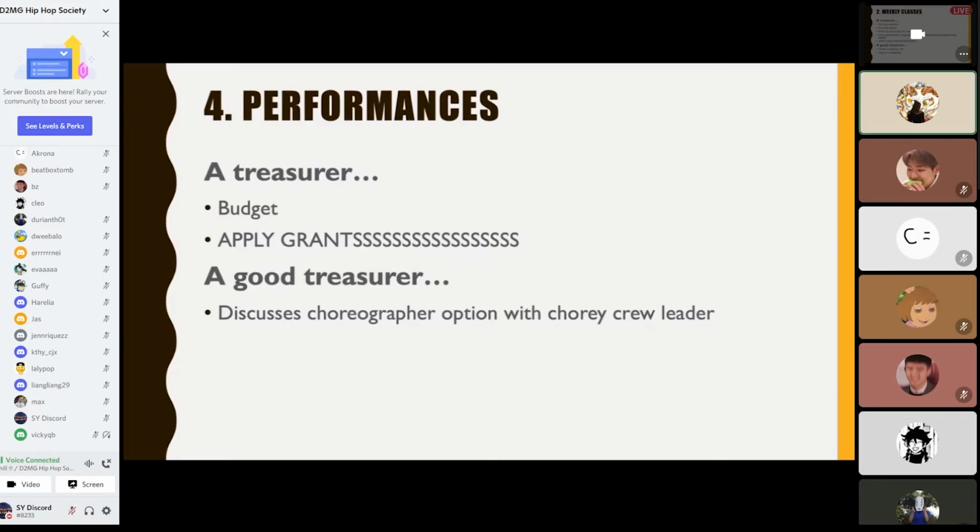A good treasurer, being better, has to discuss choreographer options with the choreo crew leader to make sure that we maximize the value brought to the society members, which is our choreo crew, and also minimize the cost incurred to the society.